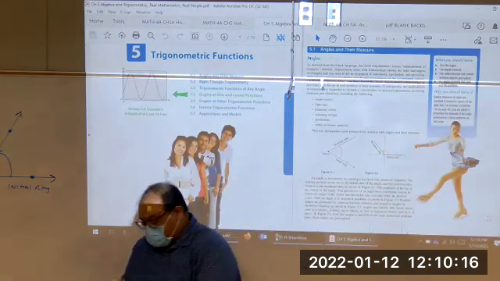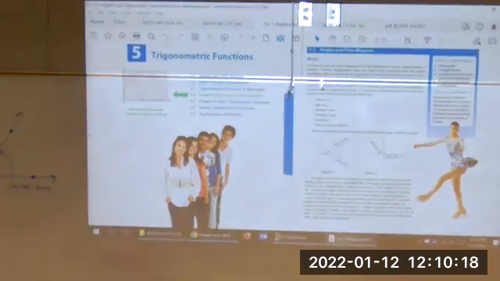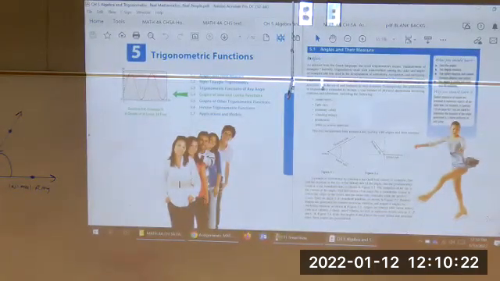Here's what I'm going to be giving you gradually as we go through the semester. We're slowly going to be building what we call a unit circle.